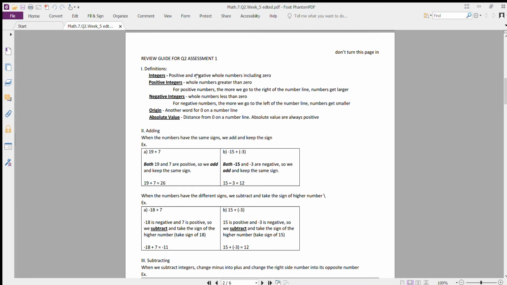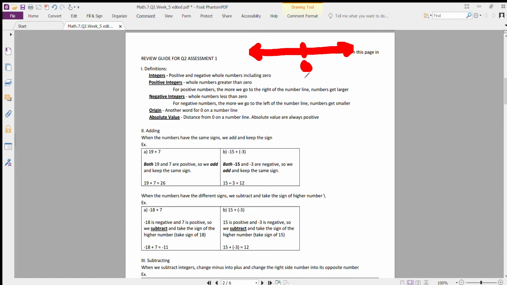Positive numbers are whole numbers greater than 0. Think of this: for positive numbers, the more we go to the right on a number line, the larger the number gets. So let's say we have a number line. This is 0.